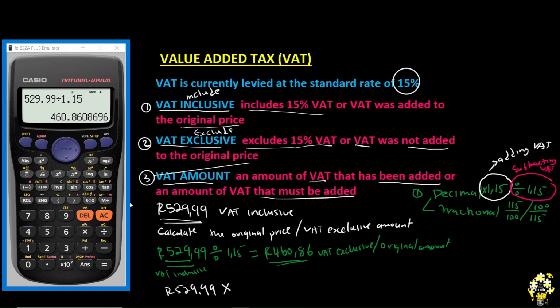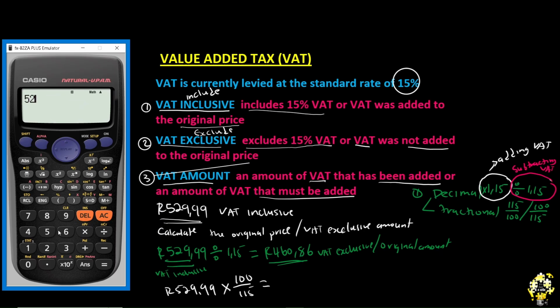Now, this is what I want you to understand. We have 115 over 100, and on the other side, we have 100 over 115. So if you are taking it out or you're subtracting it, you are going to use 100 over 115.